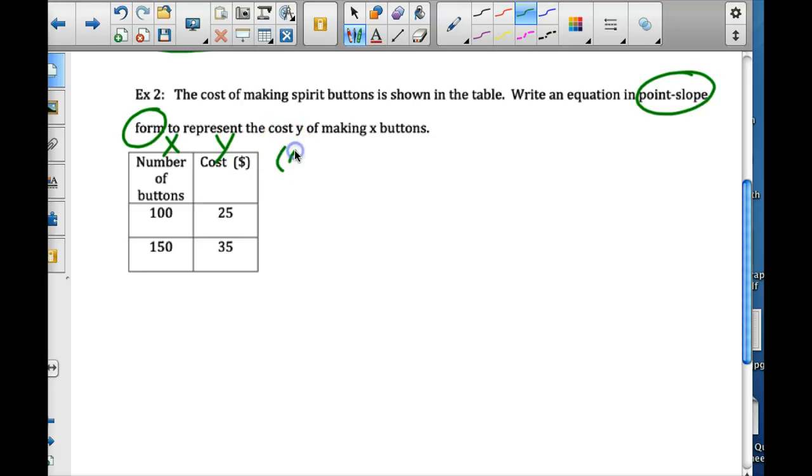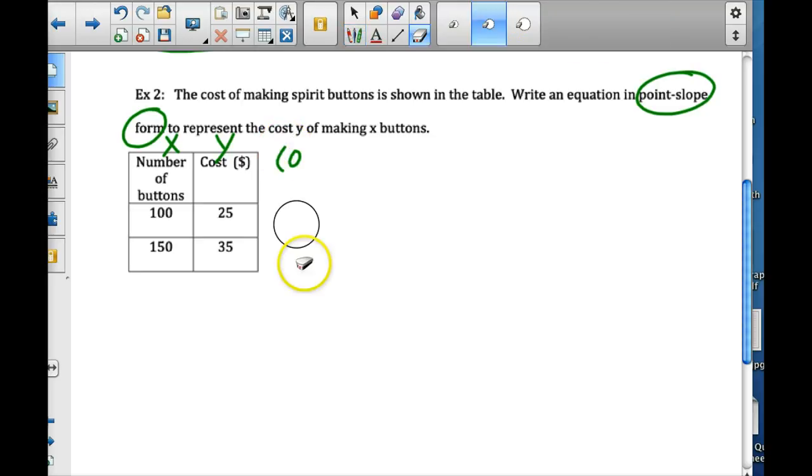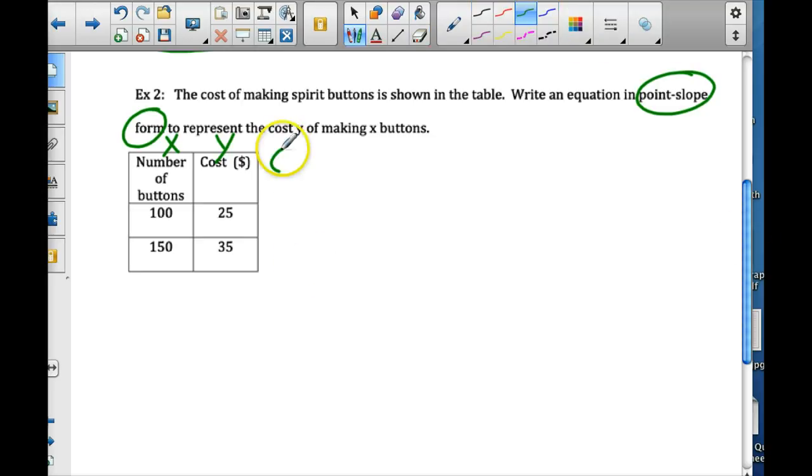So I'm going to pair these up as a point. 100 buttons cost $25, whereas 150 buttons cost $35. I'm going to write them as points. Find the slope and use one of the 2 points. Go.